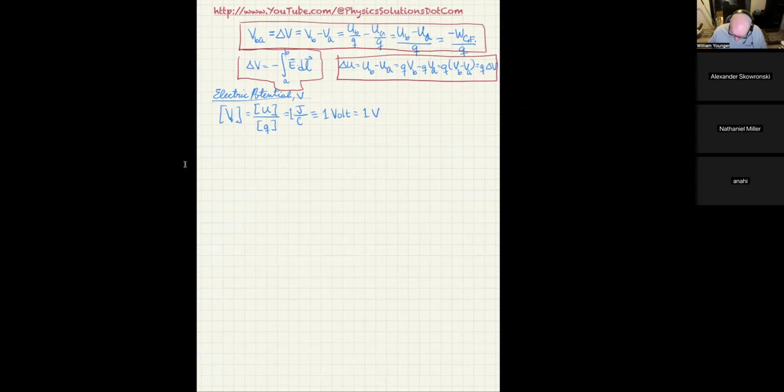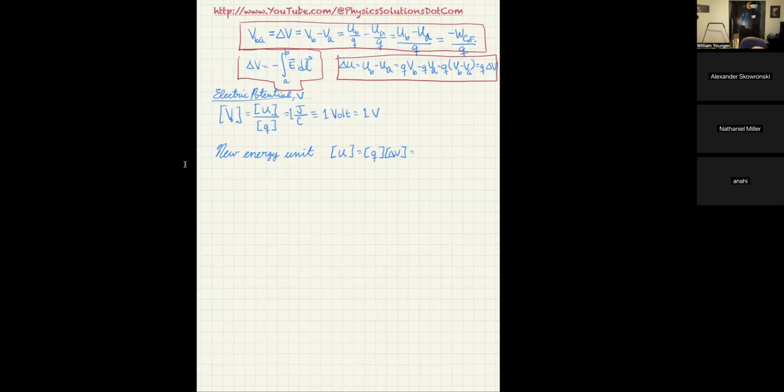Now, in addition to that, we found a new unit for energy. This new unit for energy is going to be called the electron volt. So, new energy unit. As you can see, the units of the potential energy, which are the units of energy, are equal to the units of charge times the units of voltage.